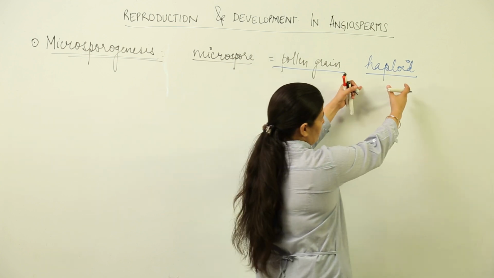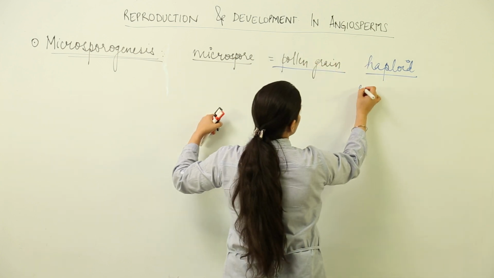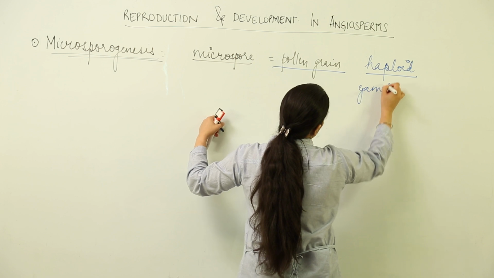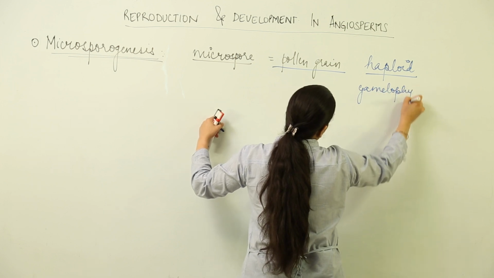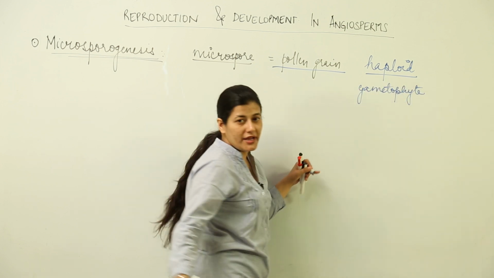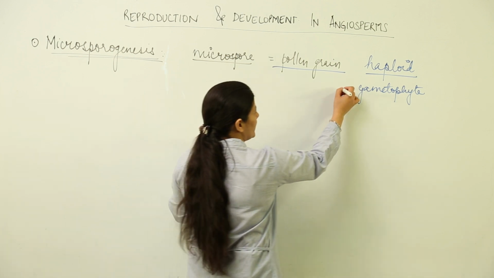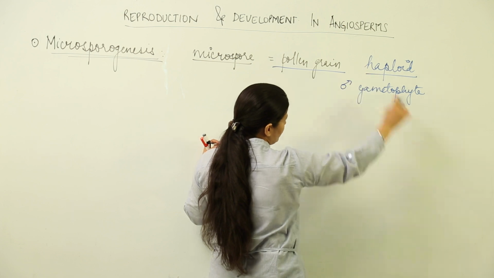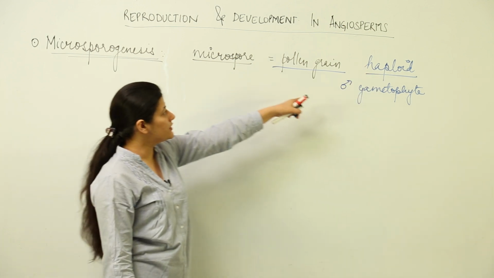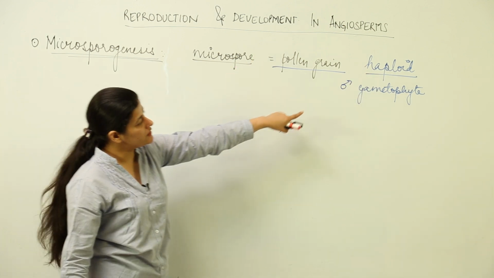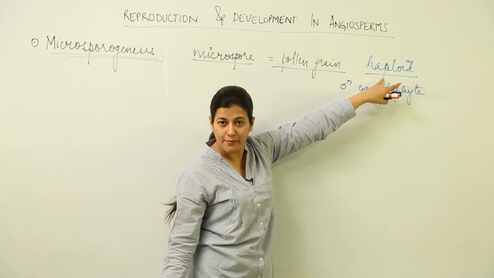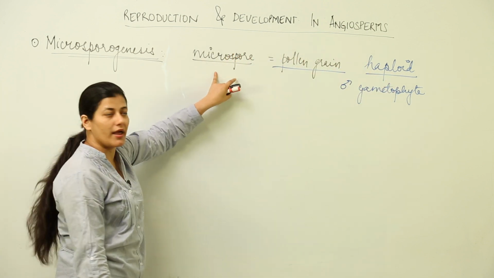Okay, it is the haploid part. So it happens to be the gametophyte. Right? So what is the gametophyte? Over here, the male gametophyte, I would say. The male gametophyte in a flower is the pollen grain. Of course, it is gametophyte, so it is going to be haploid, and the other name is microspore.